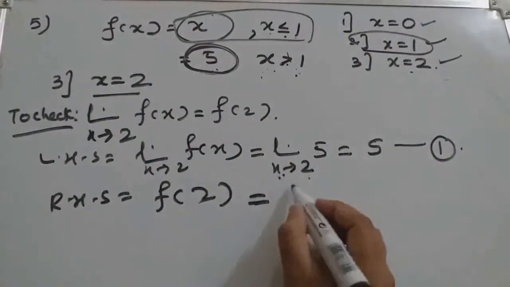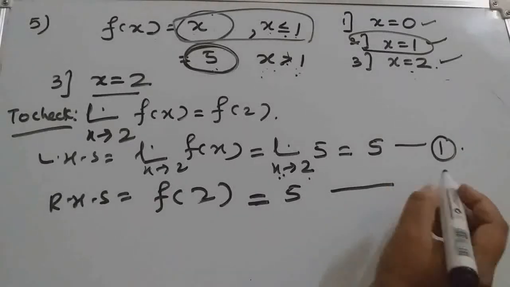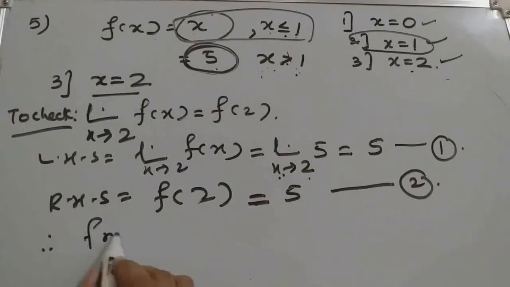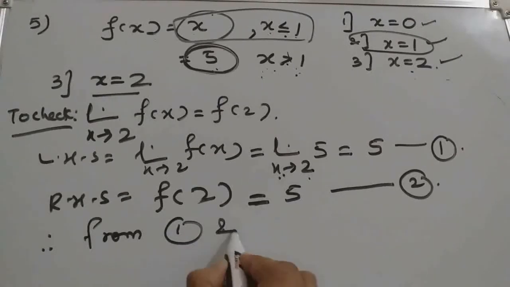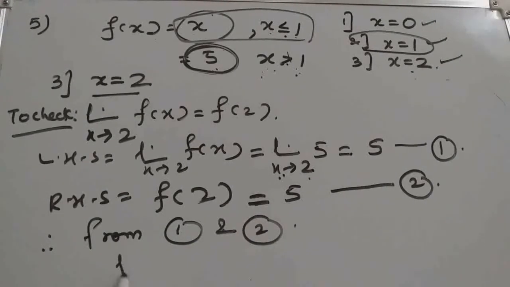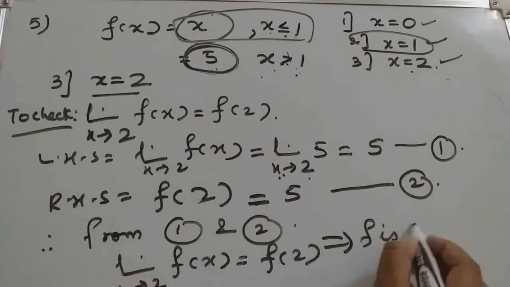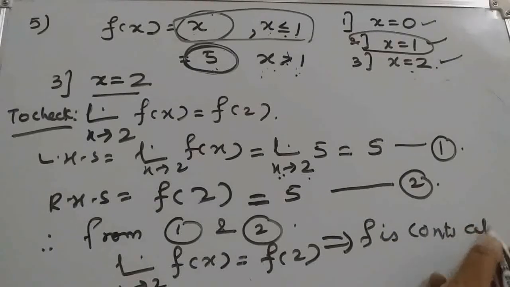This function only, directly we can write. So therefore from 1 and 2, what we can write: limit x tends to 2 f of x is equal to f of 2. Therefore f is continuous at x equal to 2.